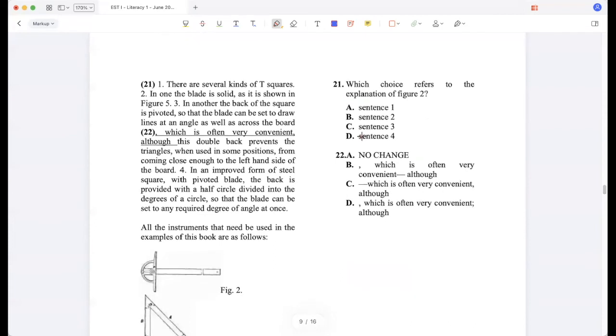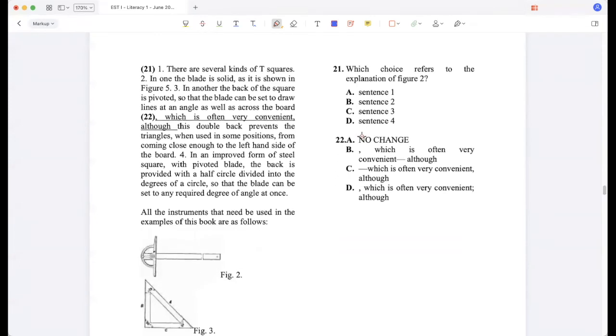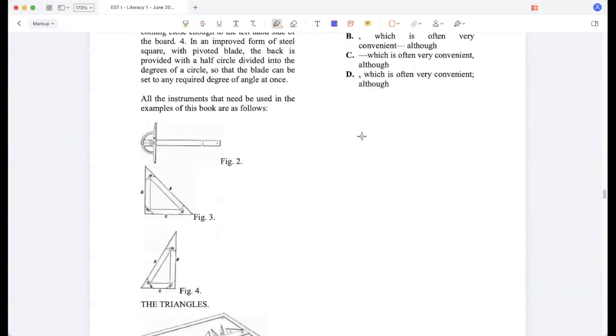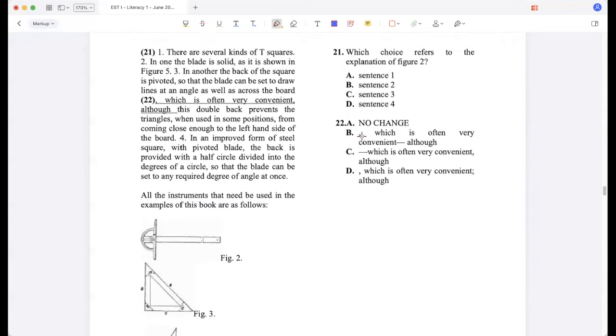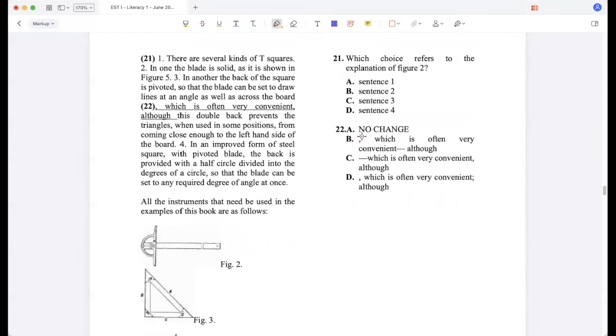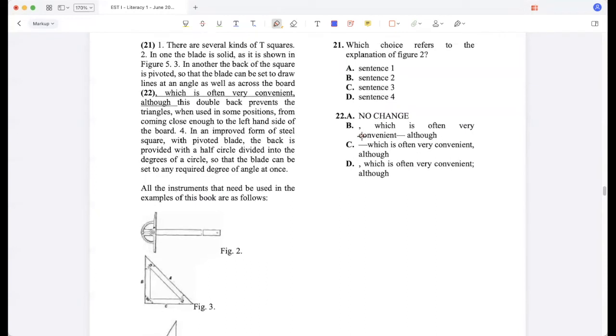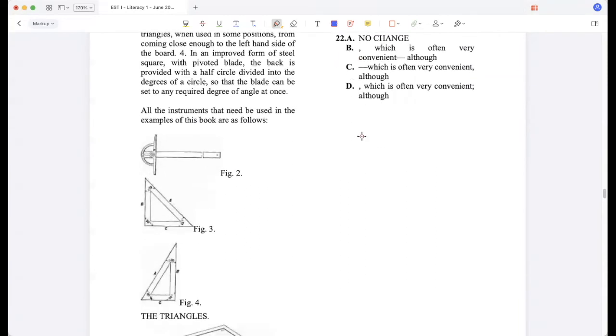there are several kinds of T-squares. In one, the blade is solid and it is shown in figure 5. Okay. In another, the back of the square is pivoted so that the blade can be set to draw lines at an angle as well as across the board.